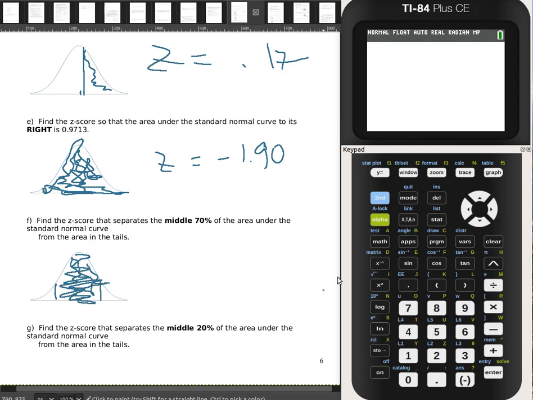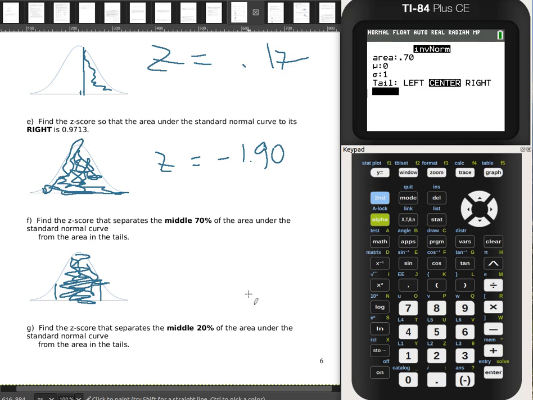But why don't we find out, because we can ask the calculator by going to inverse normal, which is number 3. We want the area to be 0.70. This time the tail, we're going to pick center. We want it in between. And this is going to pick the perfectly symmetrical one, so that the tail on the left and right are the same size.